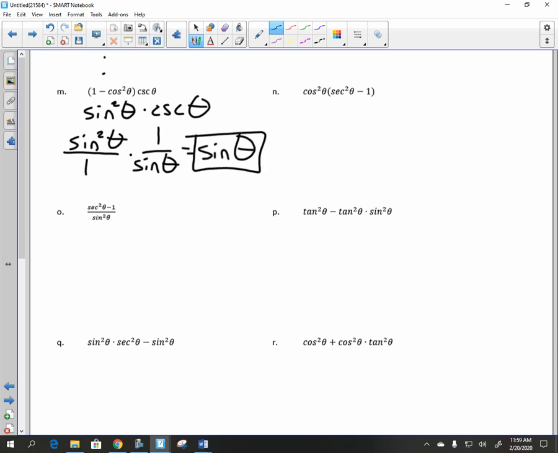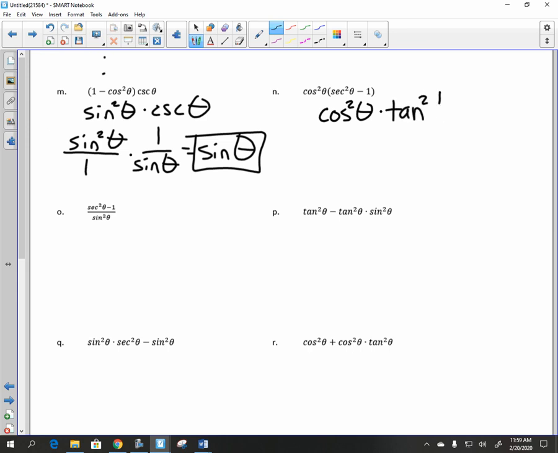Boy, I wish there was something that told me what secant squared minus 1 was. I wish there was something that told me what cosine or secant squared minus 1 was on your sheet. It is tangent squared.